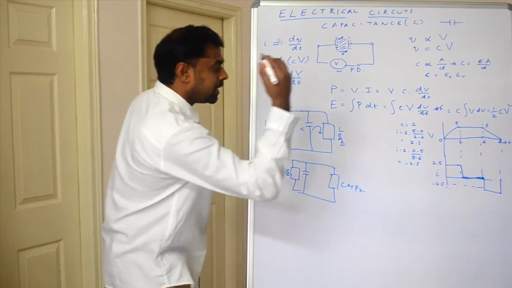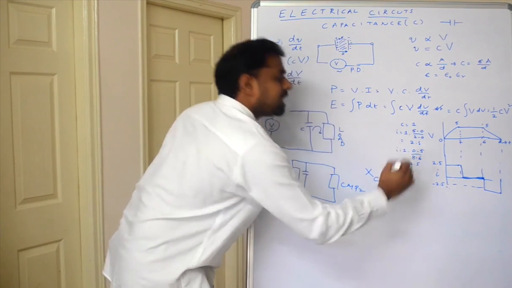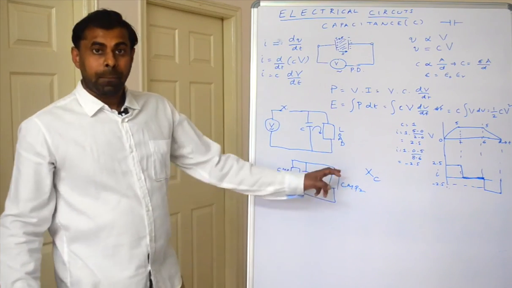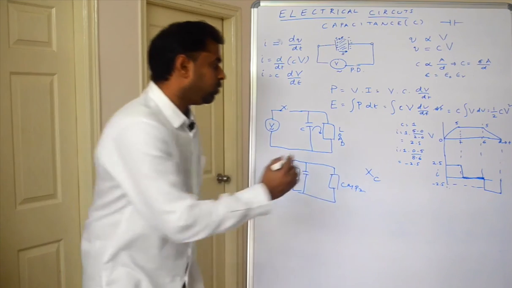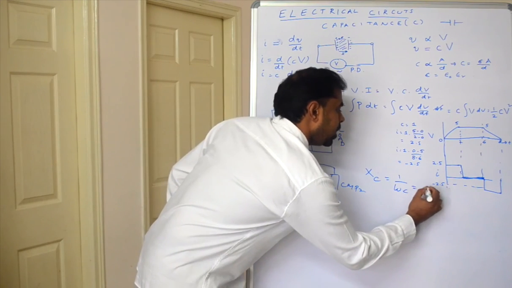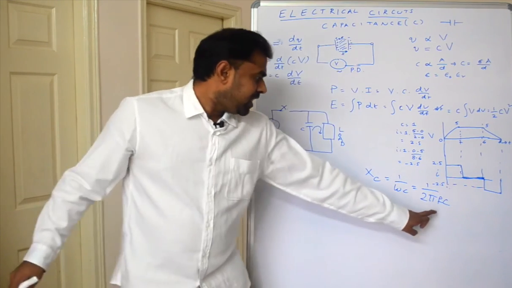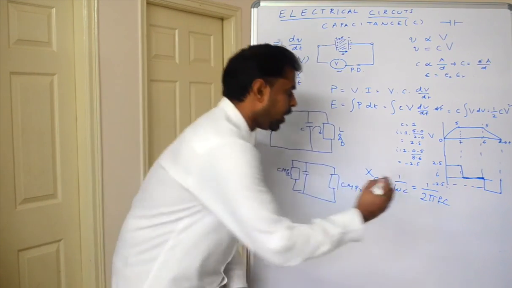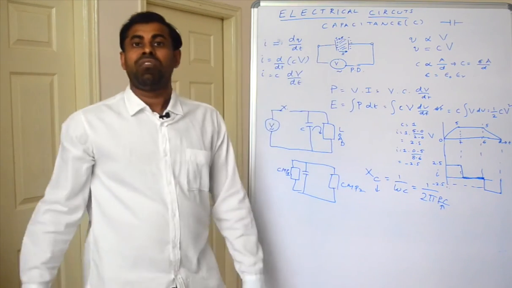How this happens: the equivalent resistance offered by a capacitance is known as capacitive reactance, indicated by Xc, which is nothing but 1 by omega c, that is 1 by 2 pi fc. If the frequency is very high, the reactance offered is very low.